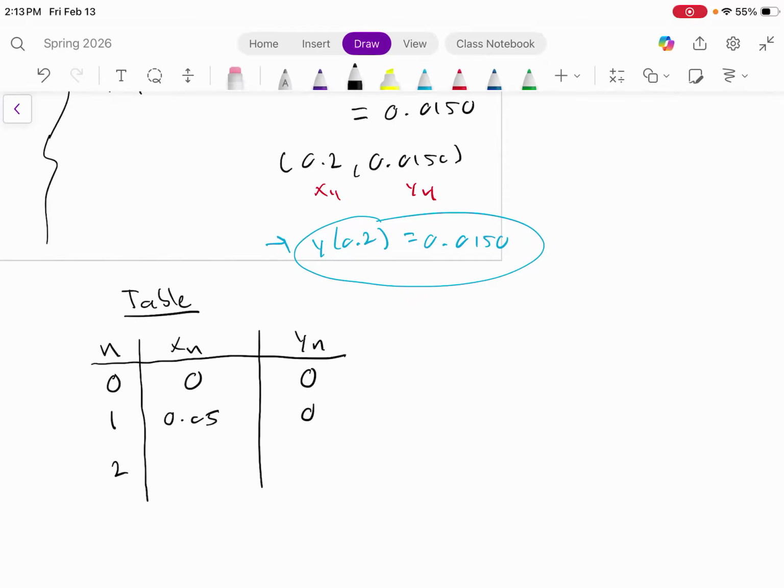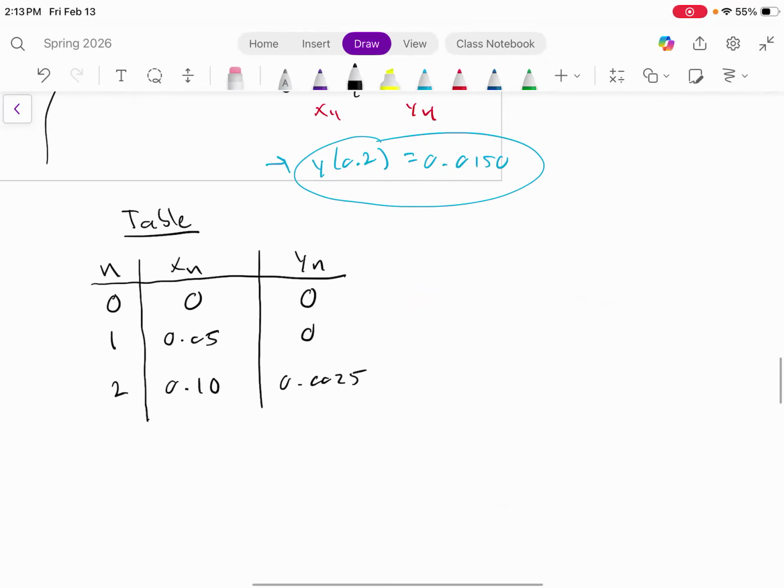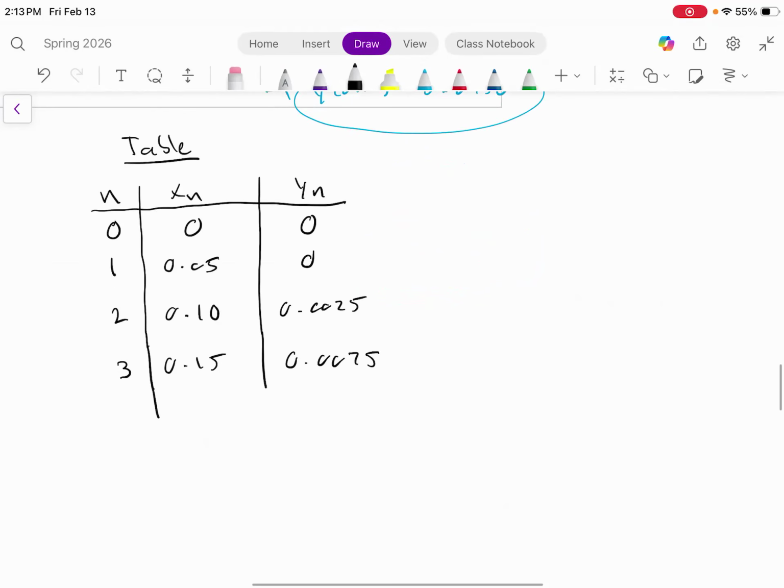Our x2, y2, 0.10, 0.0025. Our x3, y3, 0.15, 0.0075. And our last one, x4, y4, 0.20 and 0.0150.